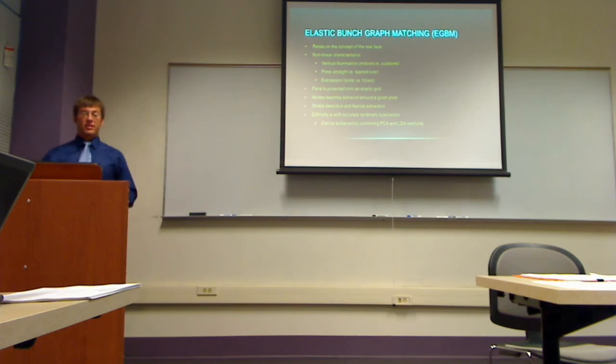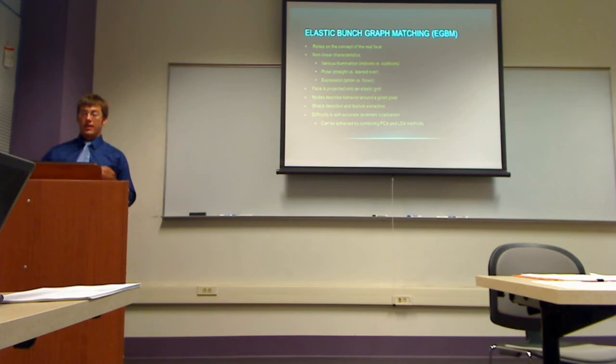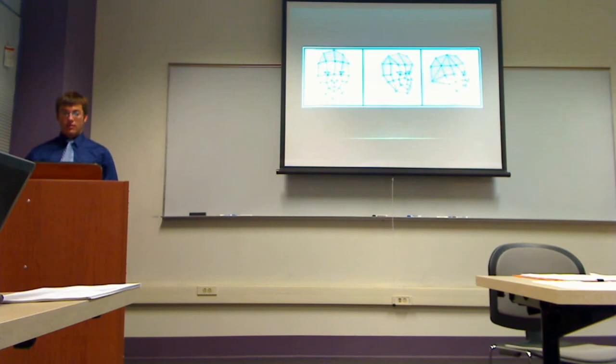This face is projected onto an elastic grid, and the nodes describe behavior around a given pixel. Shape detection and feature extraction of the face occurs here, and difficulty in this lies with being able to pinpoint the landmarks, and this can be achieved by combining PCA and LDA methods. And this is what the EBGM analysis looks like.